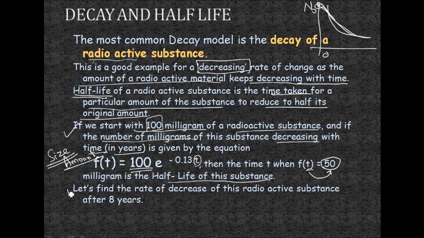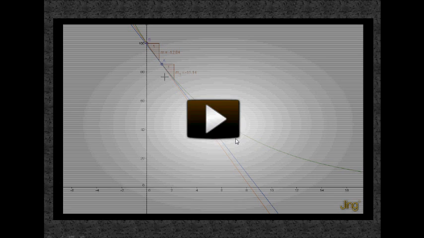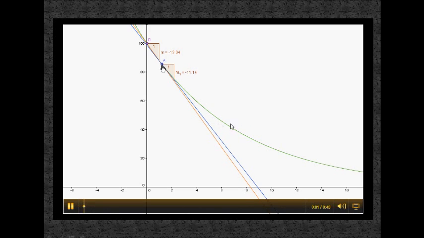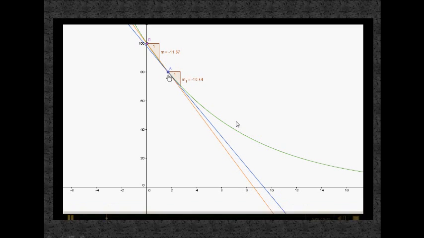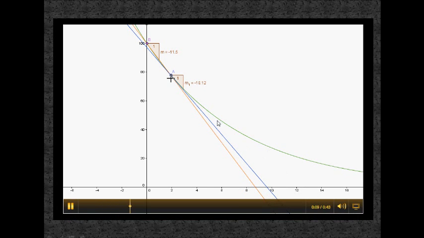Now the question could be, find the rate of decrease of this radioactive substance after 8 years. Okay, so this is what you are supposed to find. Let's just understand what it looks like on a graph. So this is the question written again. You can see that the curve is in green, and as the time moves on, you can see that the slope changes.